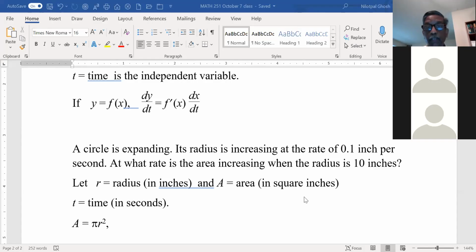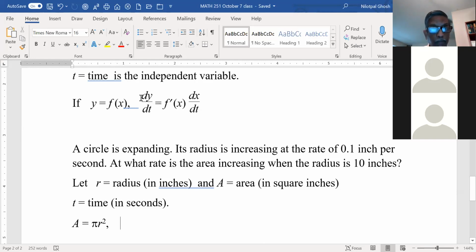Let's go back to our table, the October 6th class, October 7th class. Once we wrote down A equals pi r squared, we use this formula. In this case, instead of y we have A, and instead of x we have r. So we get dA/dt equals the derivative of this with respect to r, times dr/dt.